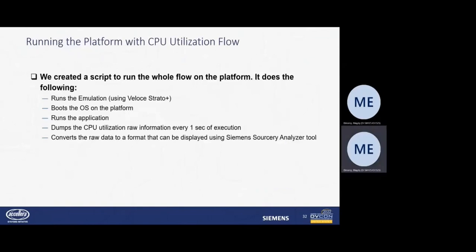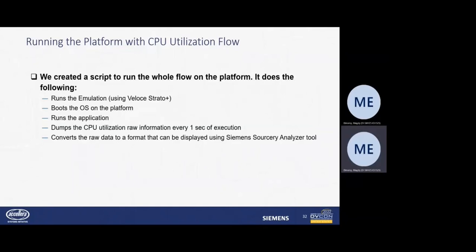Then again, we use the same flow, but this time, rather than determining the power, we would determine the CPU utilization. We use a very similar flow, which boots the operating system on the target, runs the application, then waits until the point of interest, determines the CPU utilization at that point, and then stops the simulation.